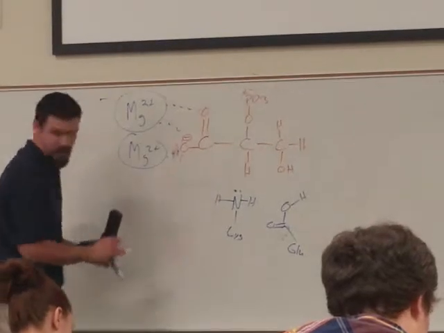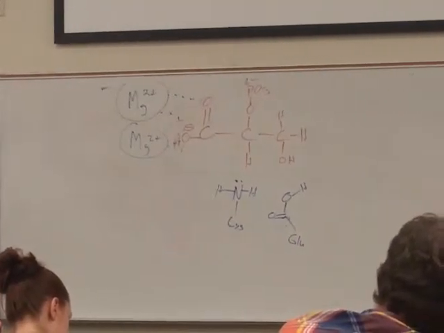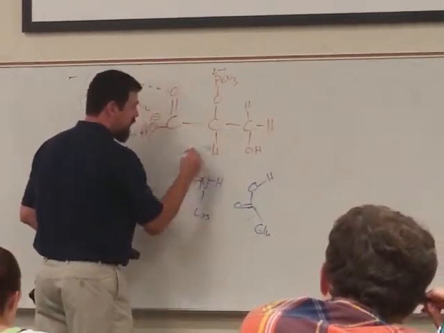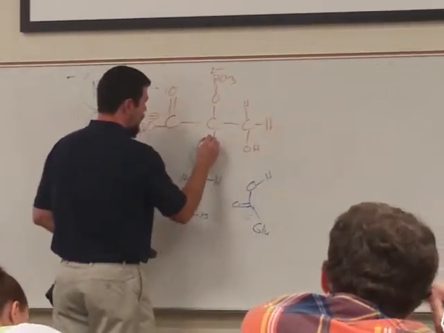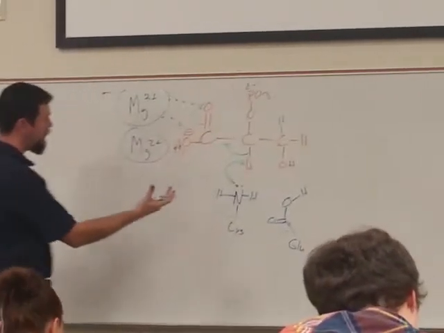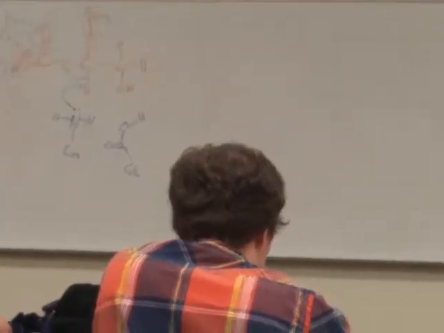So what happens here, let me get a different color. Blue, green, hopefully not colorblind, but this grabs that proton, right? It's a good base, okay? These shift up here, right? And the electrons flow to the electronegative oxygen, right? And these positive charges are helping to draw that.